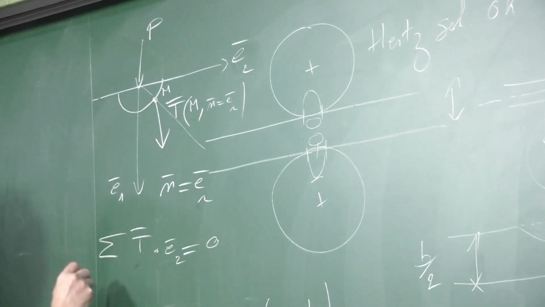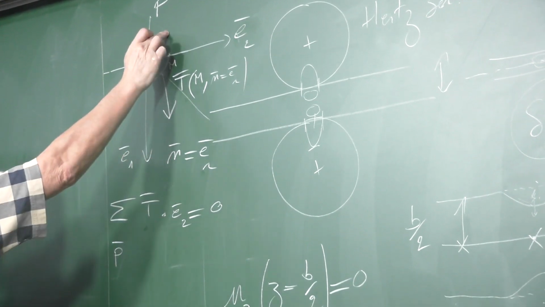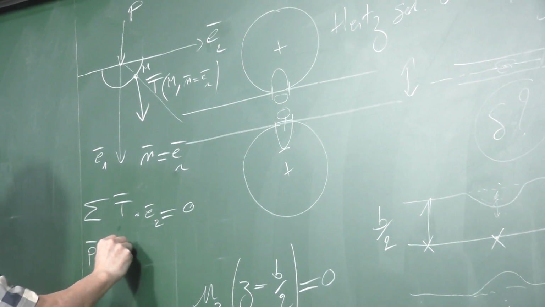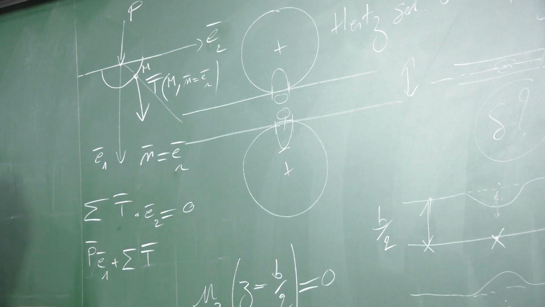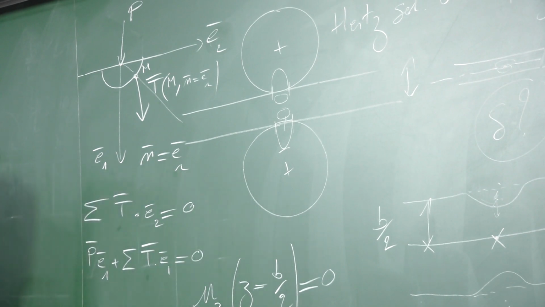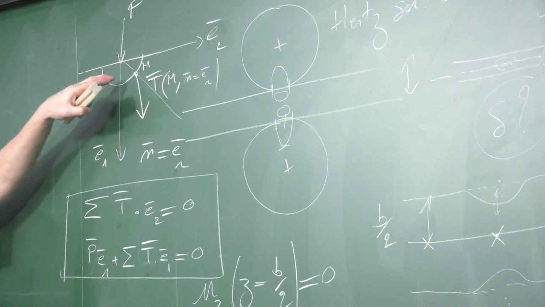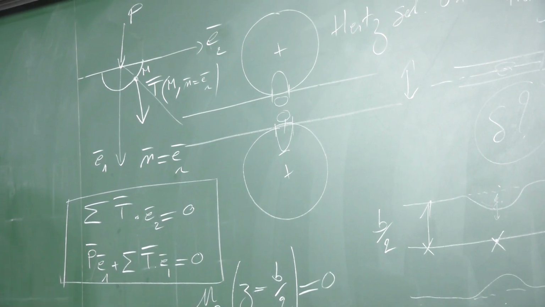And the same for the vertical, then we'll have P E1 plus the sum of T projected along E1 equals 0. This is the equilibrium of this small disk. And then doing that, you will find the constant that is missing.